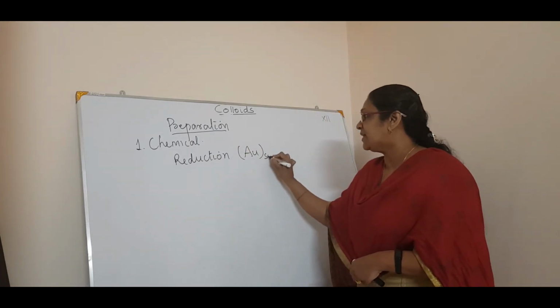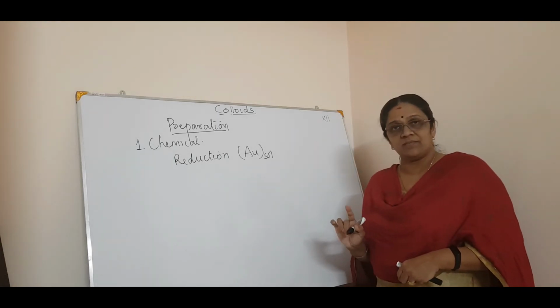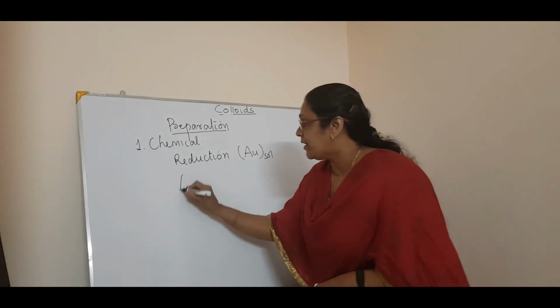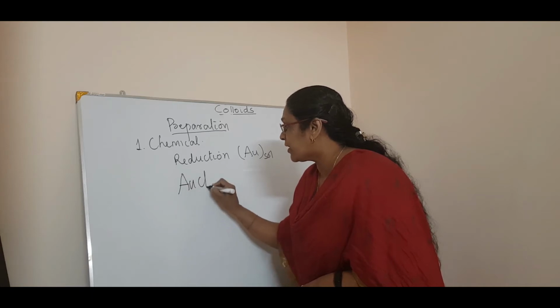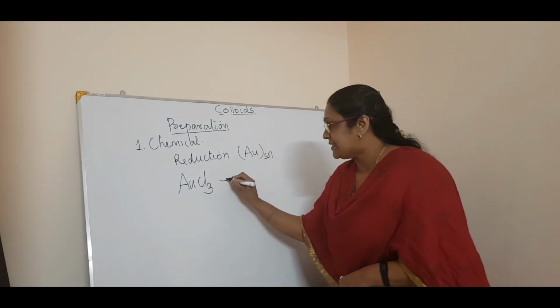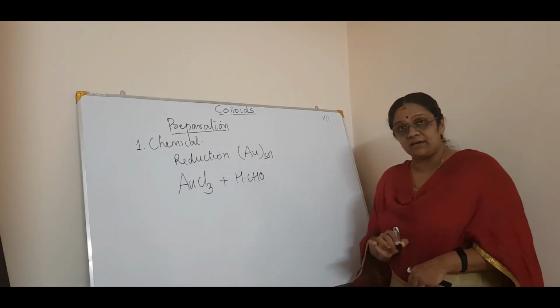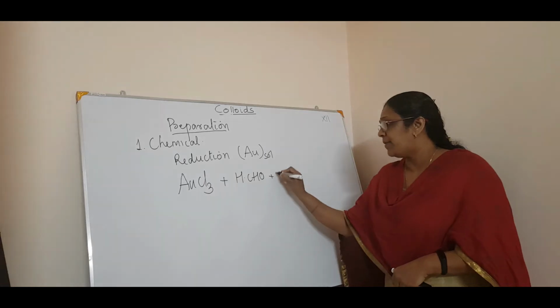If a question particularly comes, how will you prepare it, you can get this reaction. You have to take auric chloride, AuCl3, plus formaldehyde, HCHO, plus water.